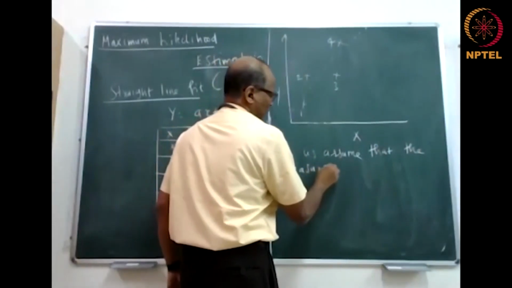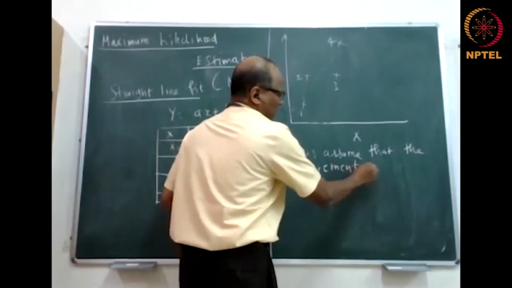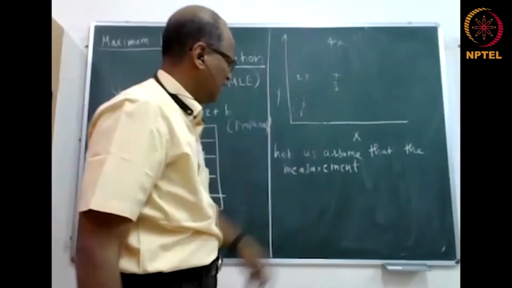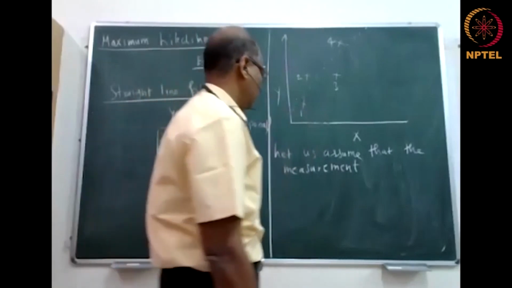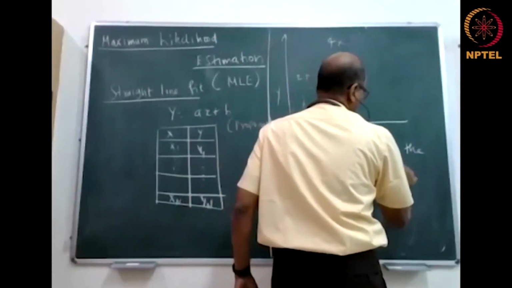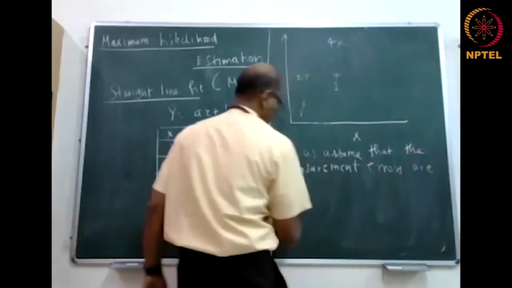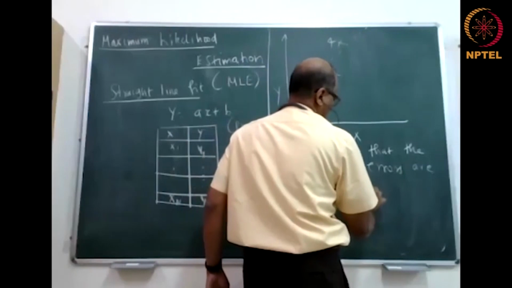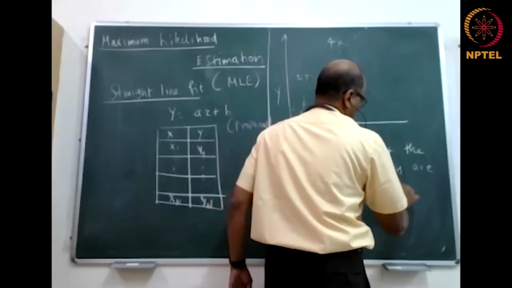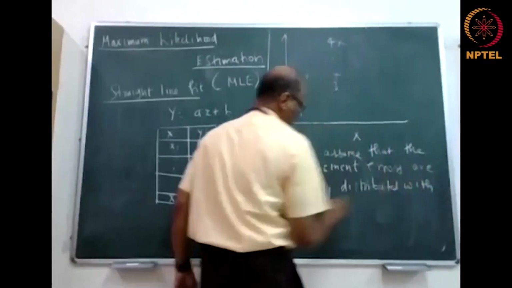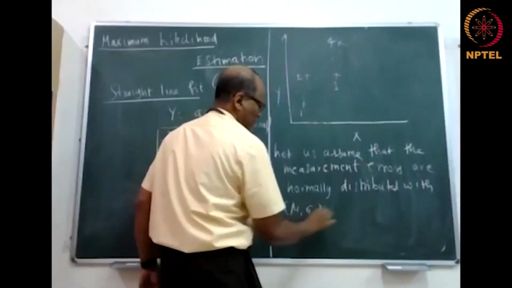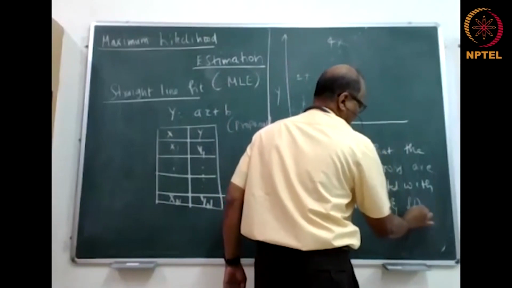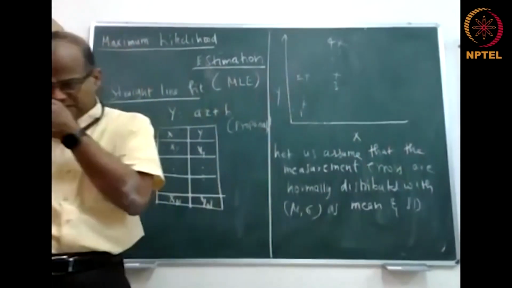You remember Gauss, when he measured the distance from the gymnasium to his house, he always got a different number. So they are normally distributed. The measurement errors are normally distributed with mu and sigma.